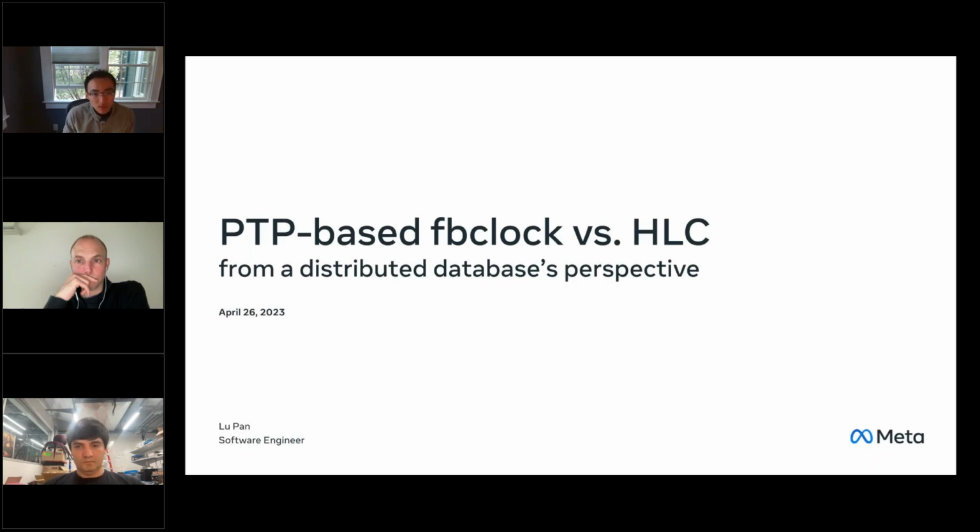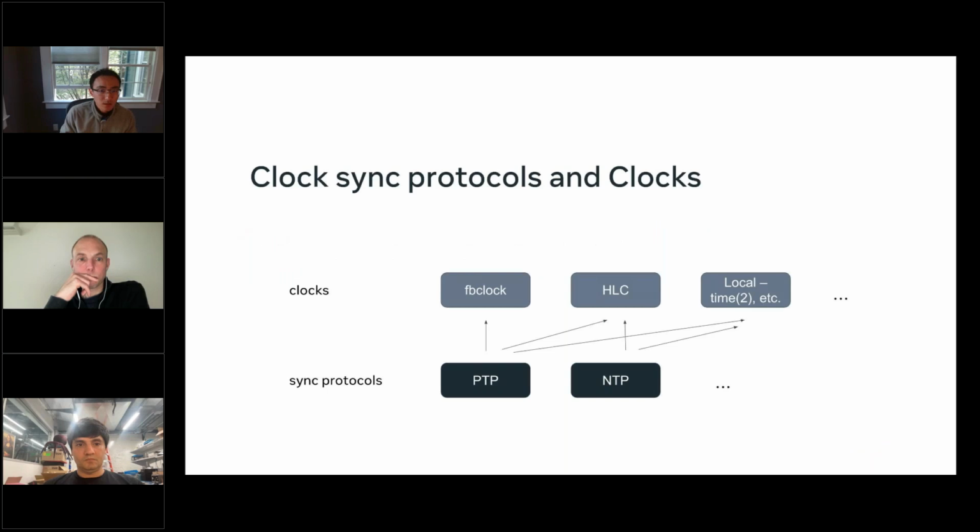So to start with, if there is a single keyword in concurrency control and distributed systems, it is probably ordering, and timestamp is a very natural way to construct the ordering, and hence commonly used in either single host MVCC or in distributed systems for ordering events. But when it comes to the choice of timestamps or clocks, there are many different combinations that you can choose from.